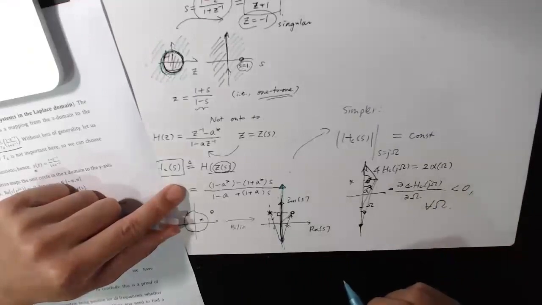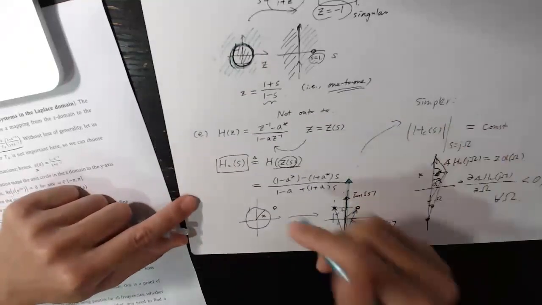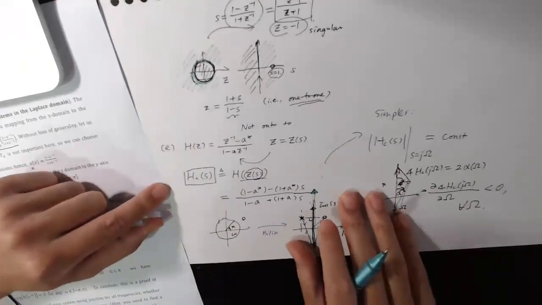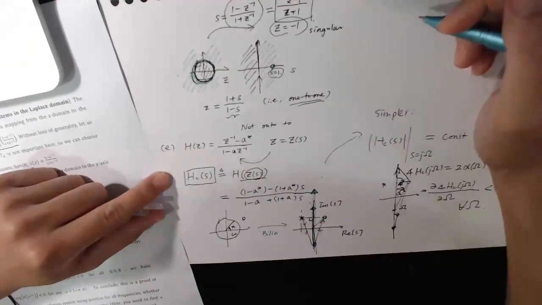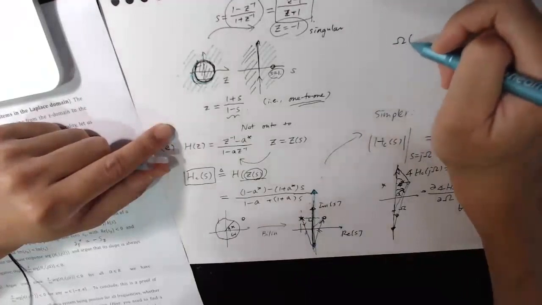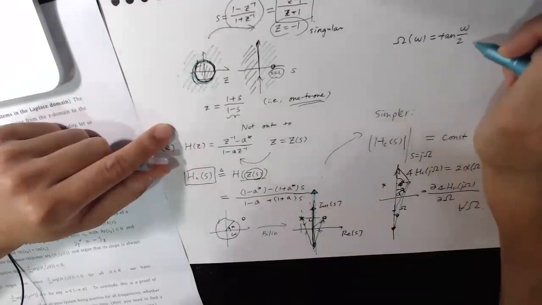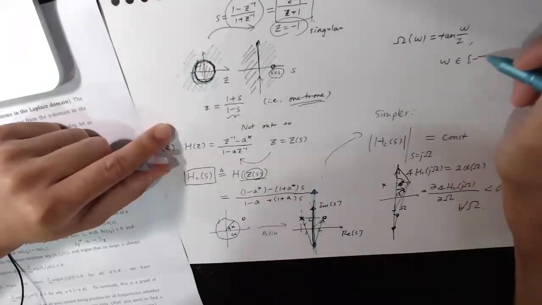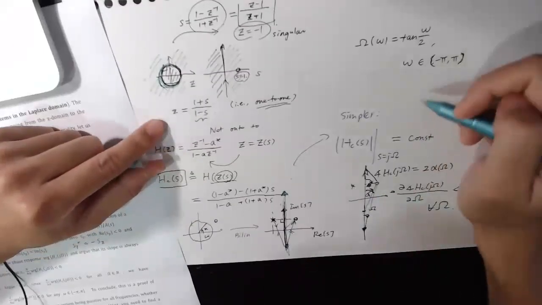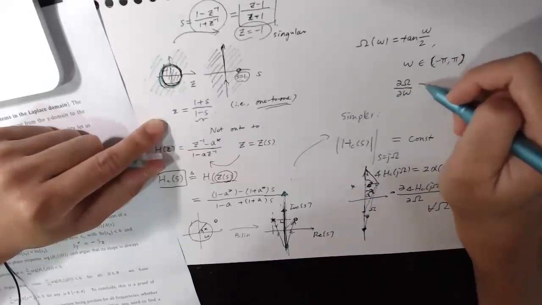It turns out that big omega and small omega also have a relation, and we'll come back to that, so please do not be afraid. I'm sorry if you find this homework overly challenging, but big omega and small omega are related by the tangent function, for omega between minus pi and pi. That means this function is monotonically increasing.